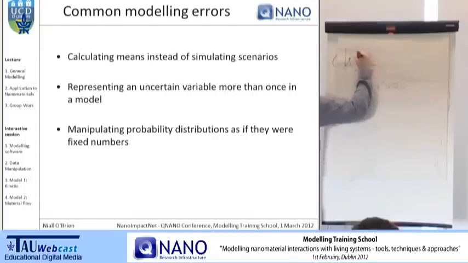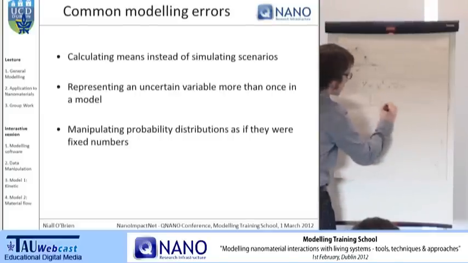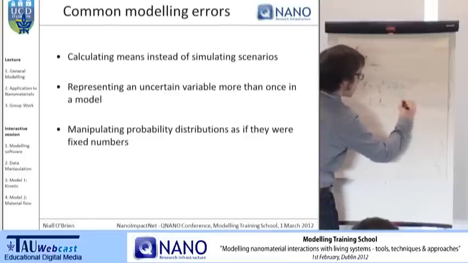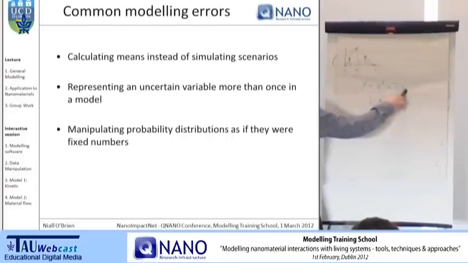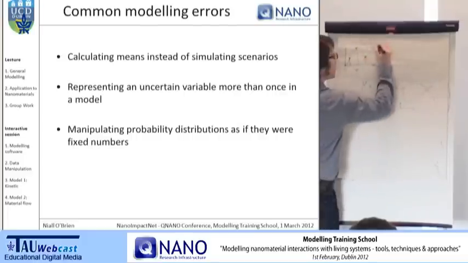Iteration 2, we sample, we take a value. 3, we sample, we take a value. And this carries on and on and on, and then gives you a distribution at the end of all possible outcomes. So if we have x here, and we sample here for this value, and apply it here, here, and here. So we have the same element, but we've sampled from two different places because we've used it twice in the model, and the model doesn't know this element is the same. You've represented it twice. So this is unrealistic because this is variability.